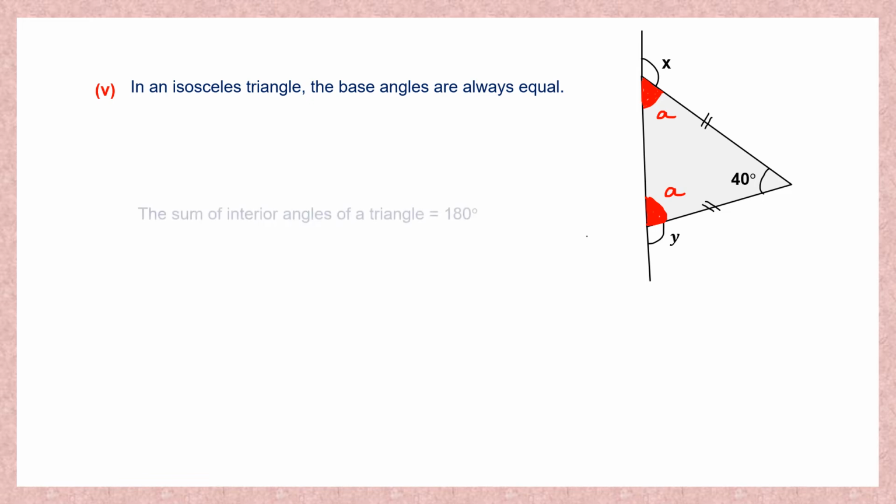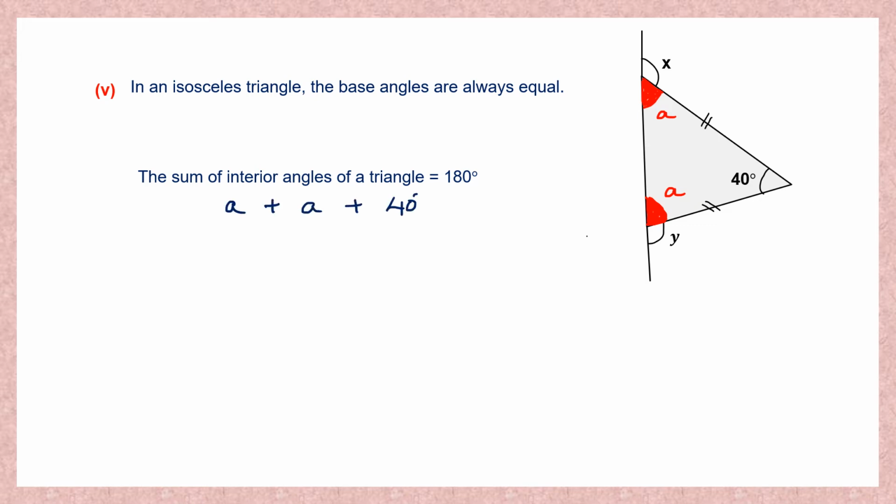And let's use another property. The sum of the interior angles of a triangle is equal to 180. That means A plus A plus 40 degrees is equal to 180 degrees. A plus A will be equal to 2A, so 2A plus 40 degrees equals 180 degrees.